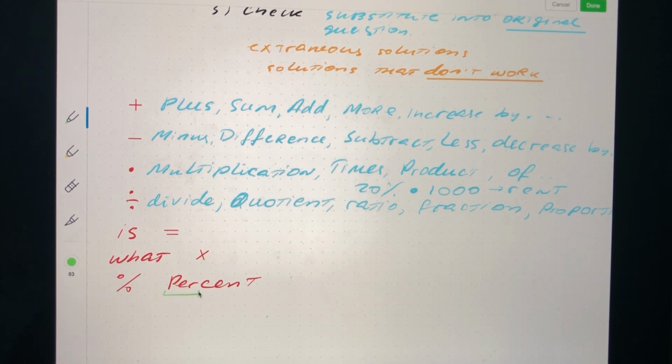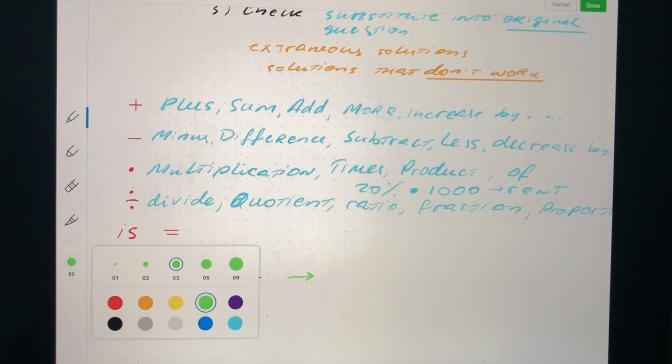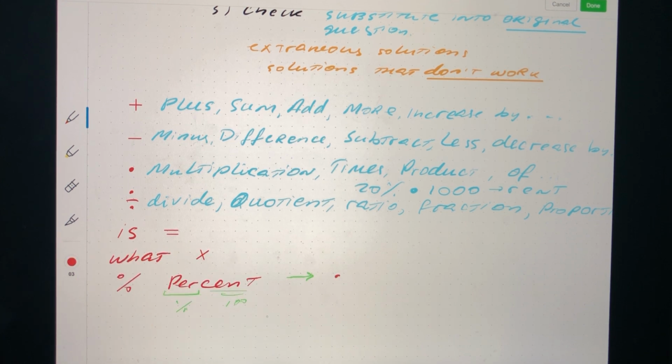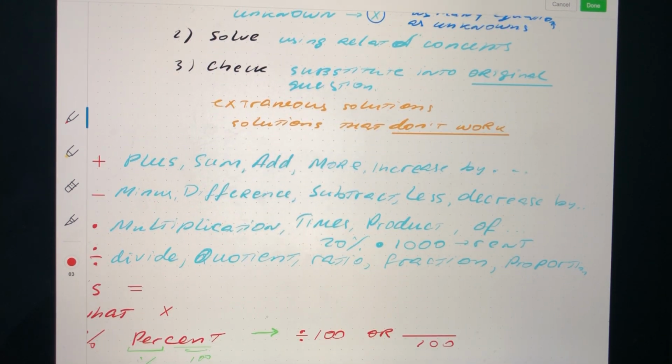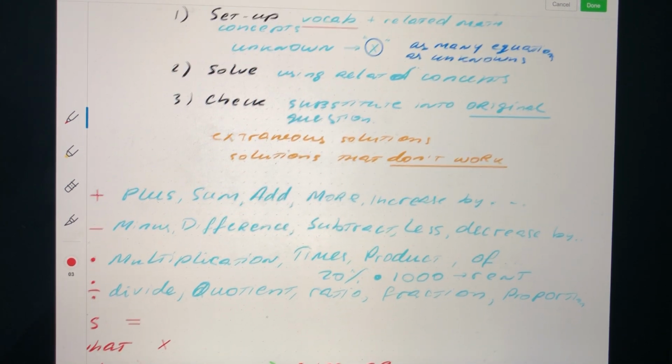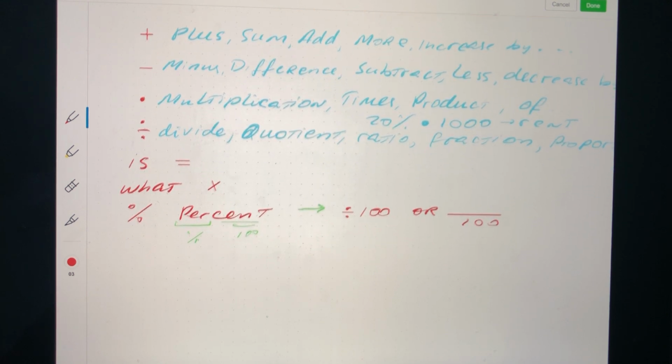Per means divide, and cent means 100. So this literally means divide by 100. And that is basically it. These are the words that we often see in the setup of many word problems.